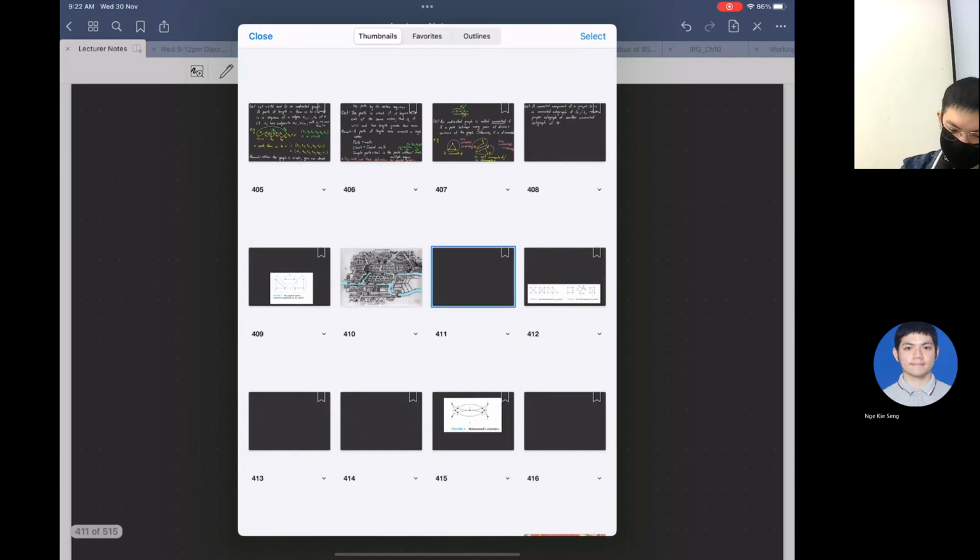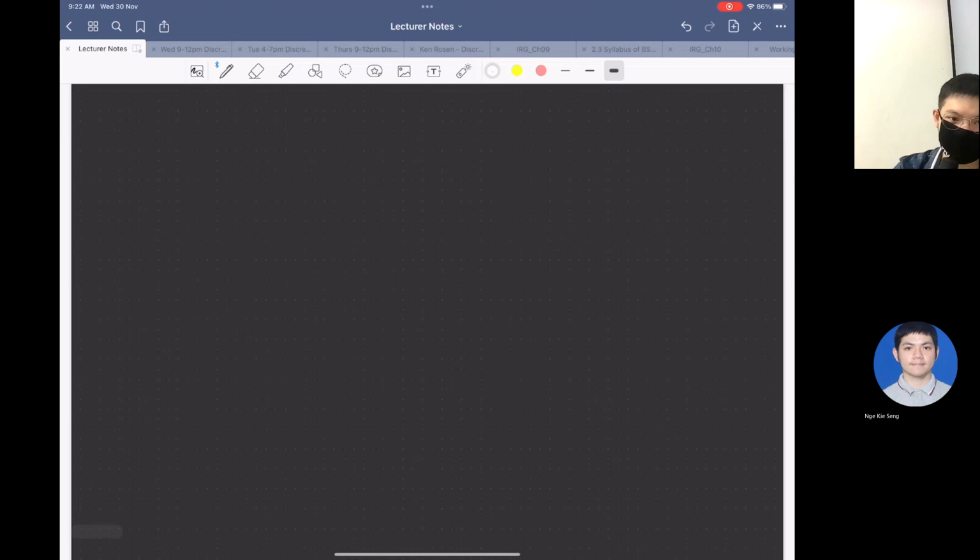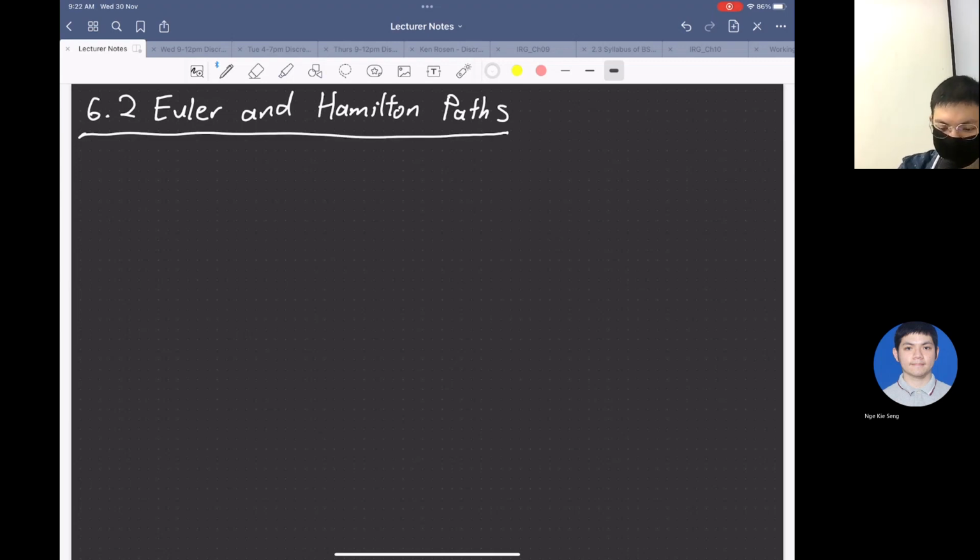What this question is asking is actually what we call the Euler path. Because this question was solved by Euler, we call it an Euler circuit. So what's an Euler circuit?